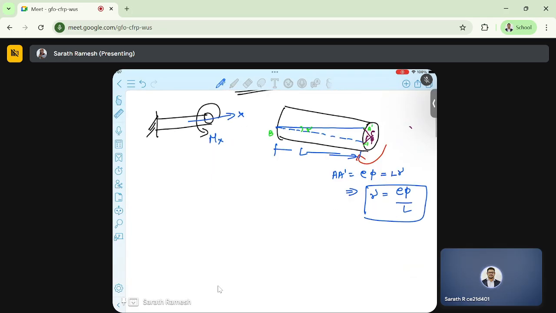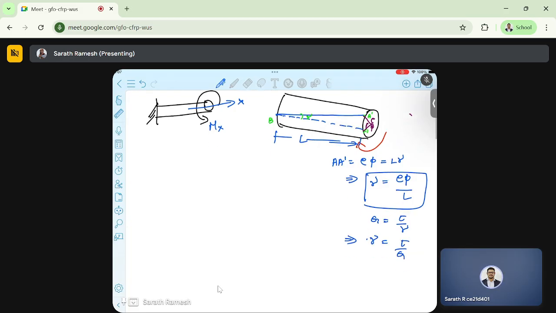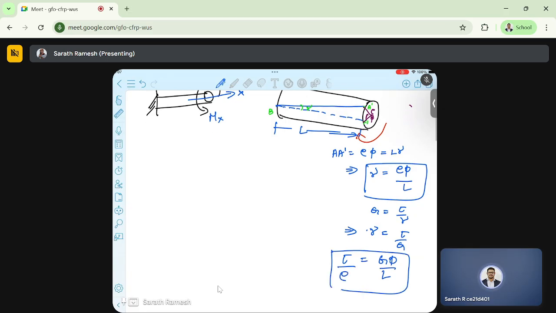Now if we assume the shear modulus to be G, so G is equal to tau by gamma. When we substitute for gamma, we get gamma equal to tau by G, so tau equal to G phi by L times rho, or we say R. This rho is the radius of the shaft. So this is one part of the torsion equation.